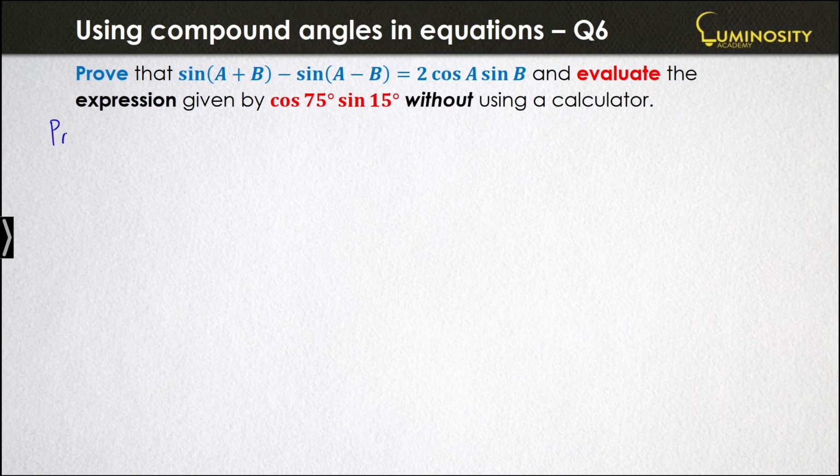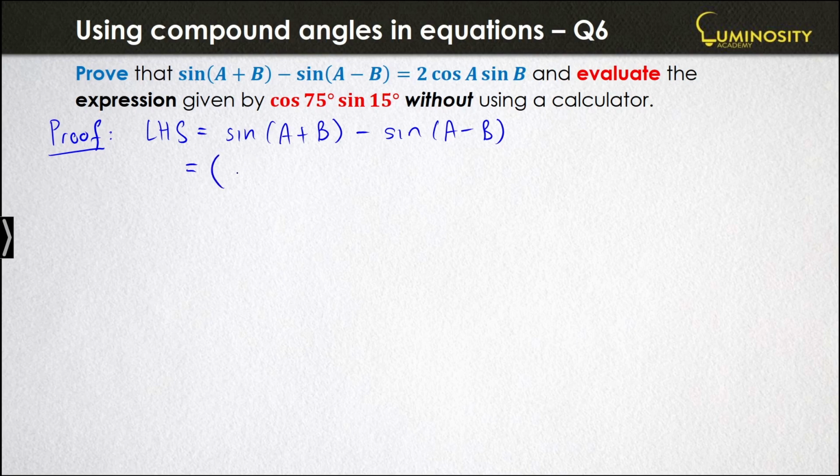Okay, so let's go ahead and prove that the left-hand side is equal to the right-hand side. The left-hand side is sine of A plus B minus the sine of A minus B. So let's expand those out using the compound angle formulae. For sine, it was sine cos, cos sine, A B, and because of the plus sign, we put a plus in the middle.